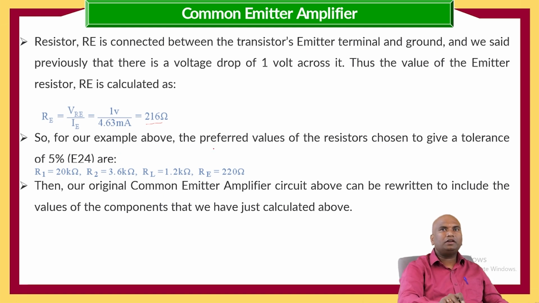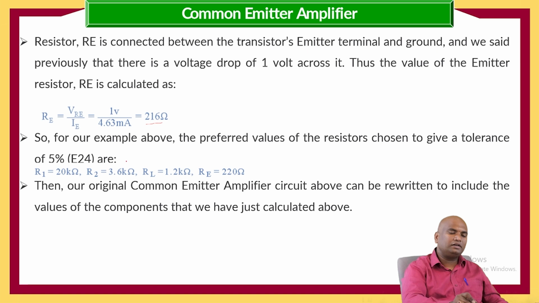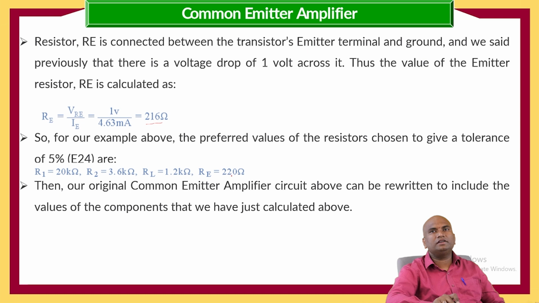So for our example above, the preferred values of resistors chosen to give a tolerance of 5% are R1 equals 20 kilo ohms, R2 equals 3.6 kilo ohms, RL equals 1.2 kilo ohms, RE equals 220 ohms.